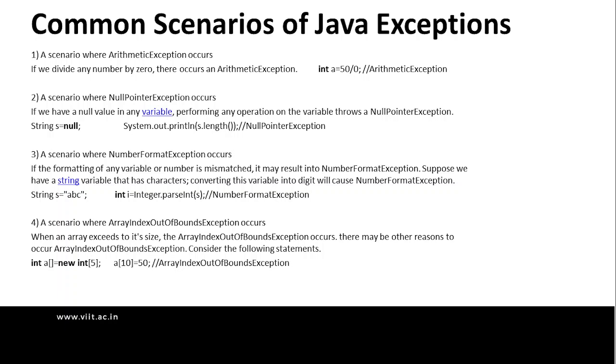A scenario where an array index out of bound exception occurs. When an array exceeds its size, the array index out of bound exception occurs. Consider the following statement: int a[] = new int[5]; a[10] = 50; array index out of bound exception.